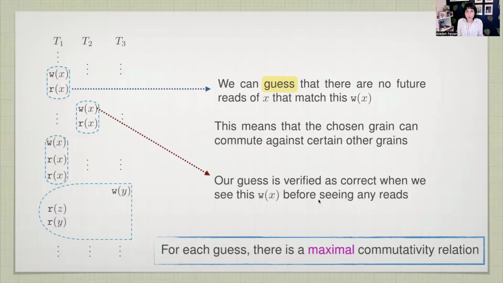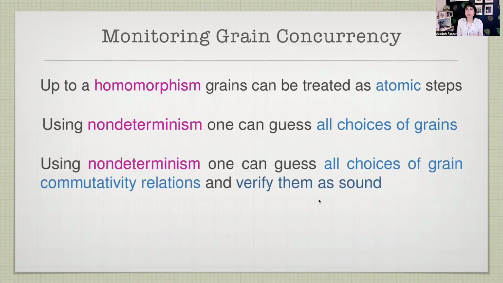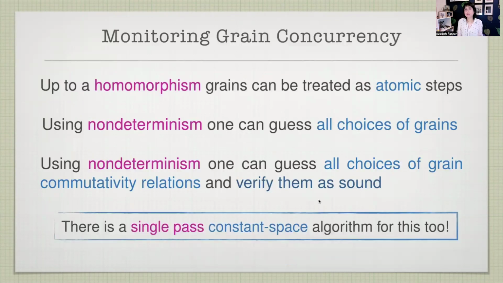So with this view in mind, I can revise what I showed you before: when I'm guessing all non-deterministic choices of events, I also make all choices of this sort of maximal commutativity relations for both options, commute or not commute, and let the monitor verify with each guess that the things that appeared in the future were consistent with that particular guess.